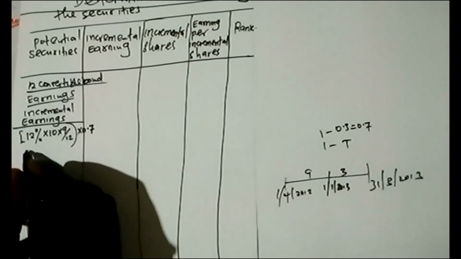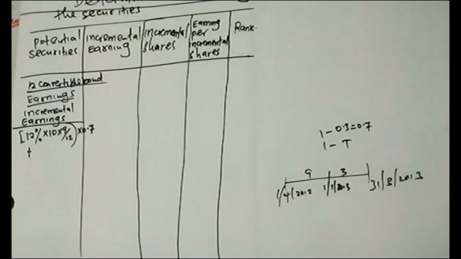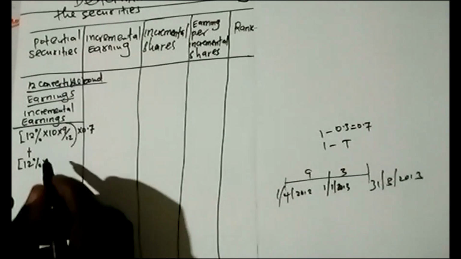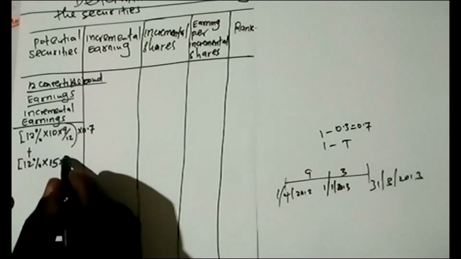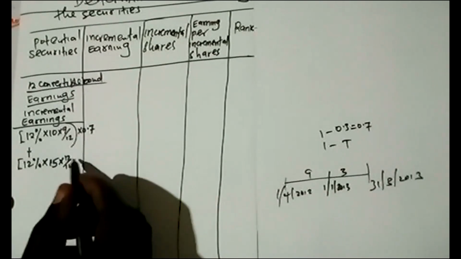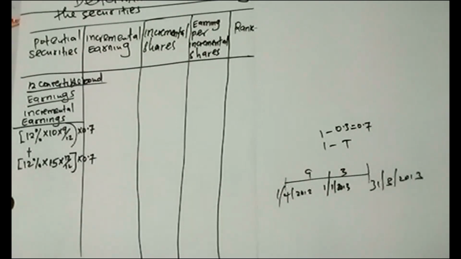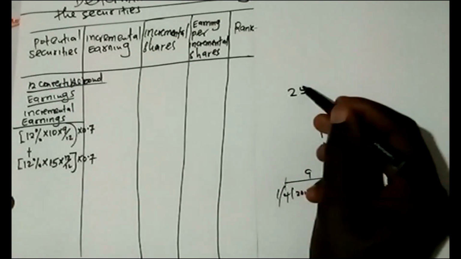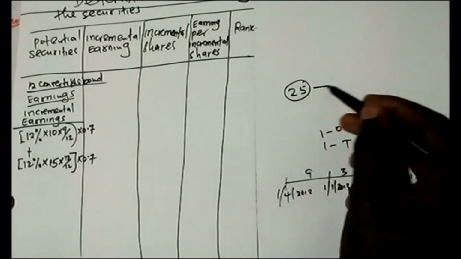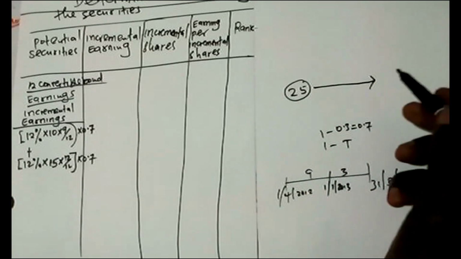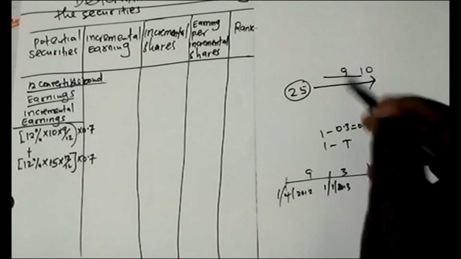Then I have to add the 12% of now the 15 times 12 over 12 times 0.7. Remember that I'm saying 15 because the total security was 25. By January, they converted 10, so I have considered the 10 for 9 months.